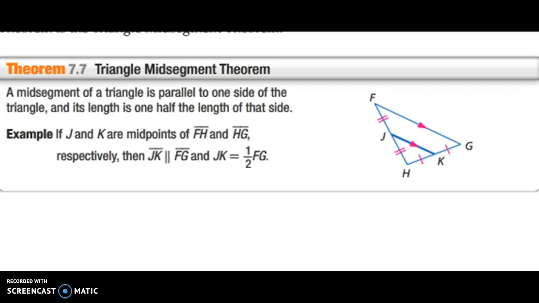So, right here, if we have two parallel sides, okay, FG and JK, that means that JK is 1/2 of FG. Since we know that J and K are the midpoints, and this is halfway between here and halfway between here, then obviously this side is going to be half of the long side, so 2X and X.